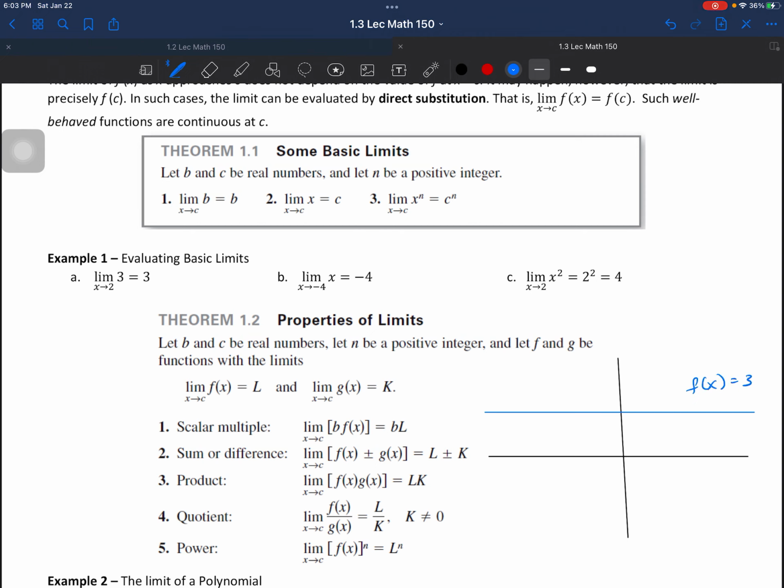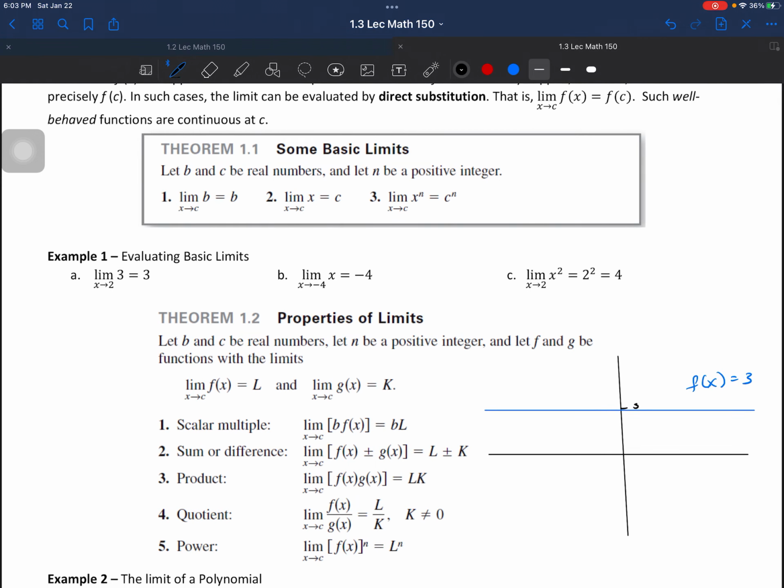That means that for every value of x, the value of the function is always 3. Say this is 3, 4, 5 on the y axis, and these are your x values. It doesn't matter what x value you have, it will always be 3.